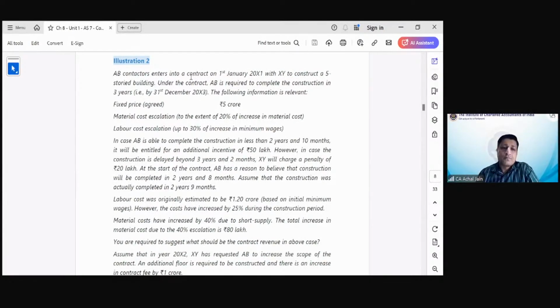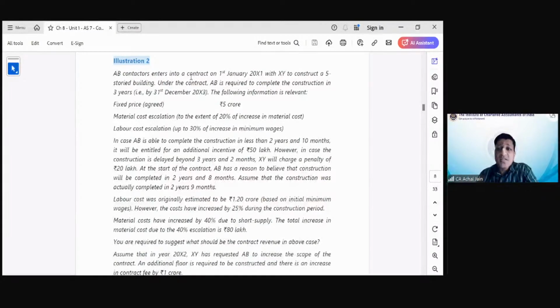Then it says, in case AB is able to complete the construction in less than 2 years and 10 months, the initial period agreed was 3 years, but if AB completes the construction in 2 years and 10 months or less than that, AB will be entitled to an additional incentive of 50 lakhs. Over and above 5 crore, AB will also get 50 lakhs.